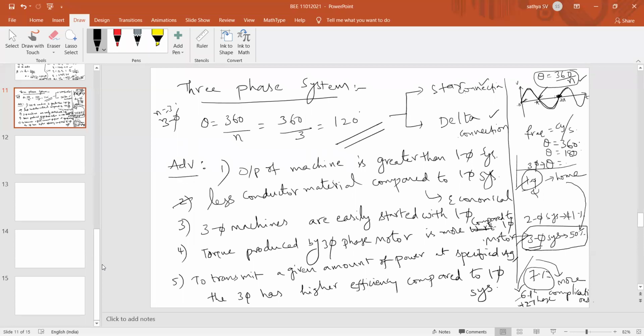And also the power factor is more, right? You can add the next point also.